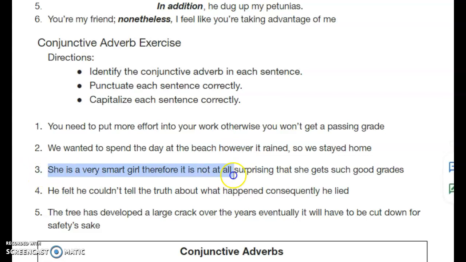All right, number 3. She's a very smart girl, therefore it is not at all surprising that she gets such good grades. What is the conjunctive adverb in this sentence? Good. Therefore. All right, now write this sentence using correct capitalization and punctuation.